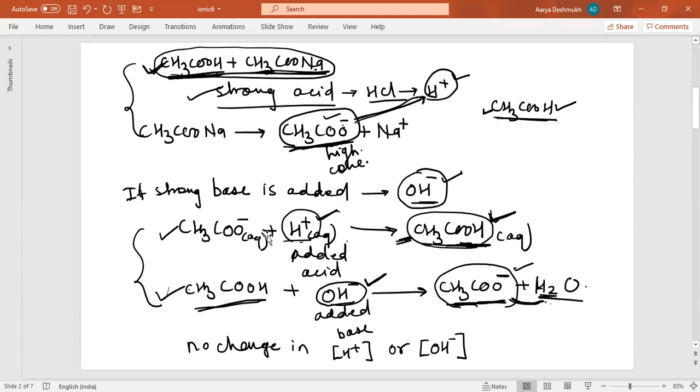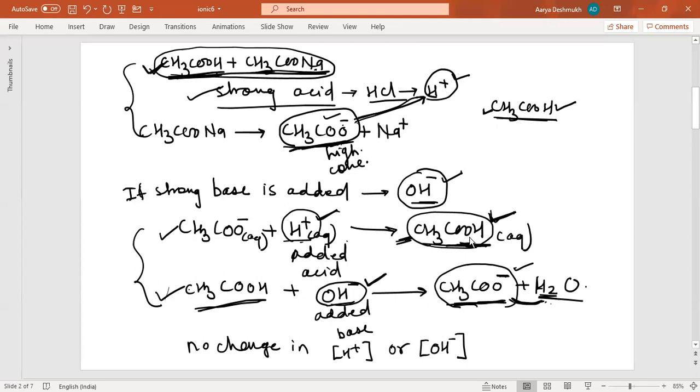I'll just repeat the things. If you are adding an acid to this, the added H plus ion will be consumed by the acetate ion CH3COO minus, and there will be formation of acetic acid in large amount.